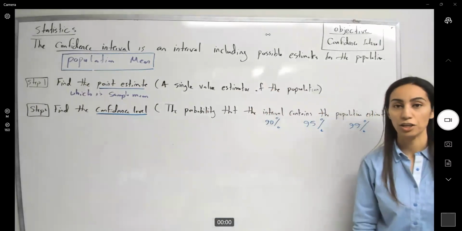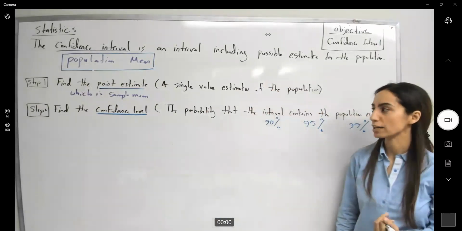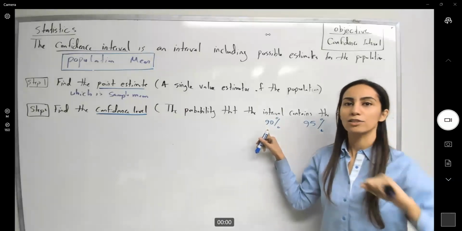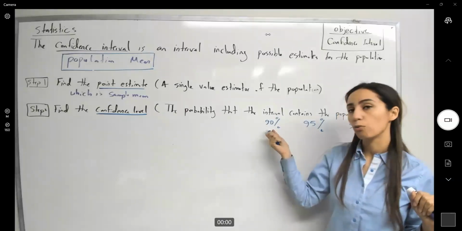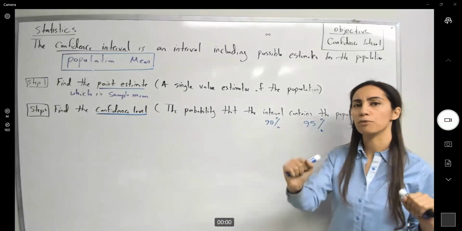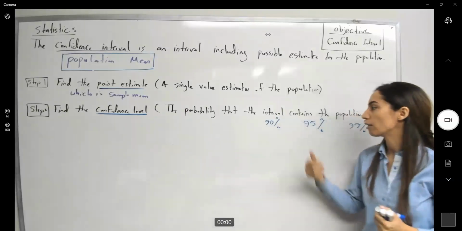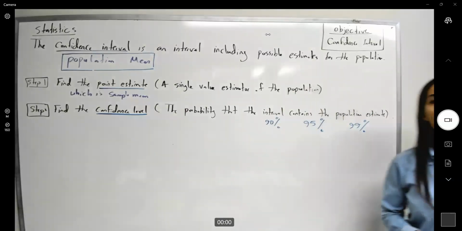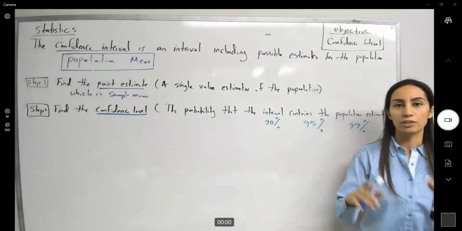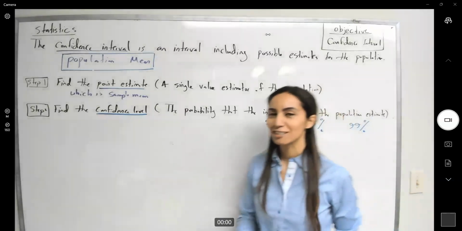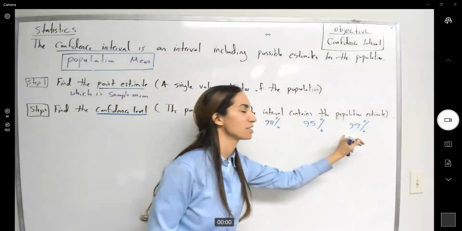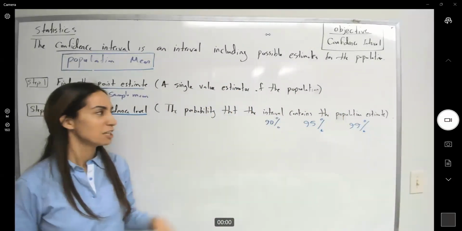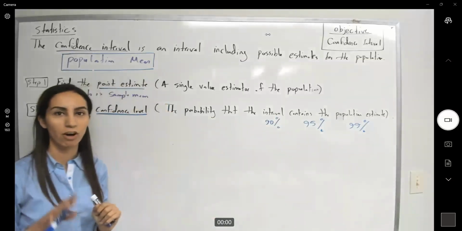As a statistician, when you're working with different projects, you might end up seeing your employer say, hey, I want this project to be 90% confident, or 95% confident, or 99% confident. Either the boss tells you what percentage they want, or if it's not given, we always select 95%.